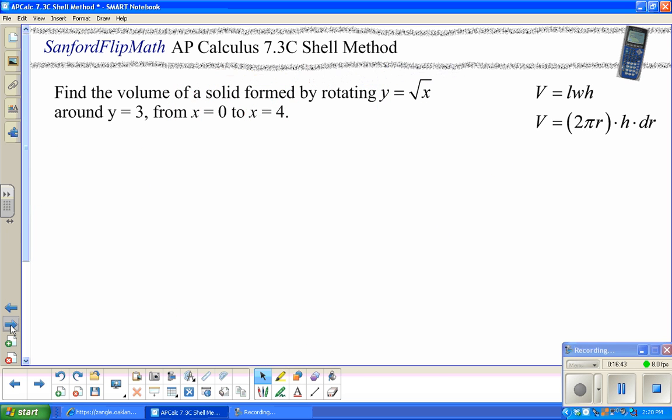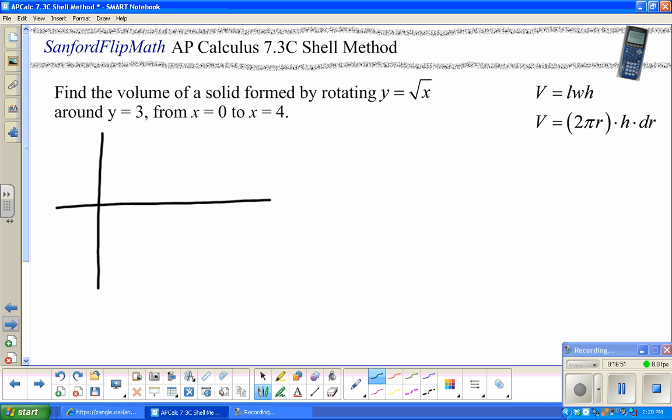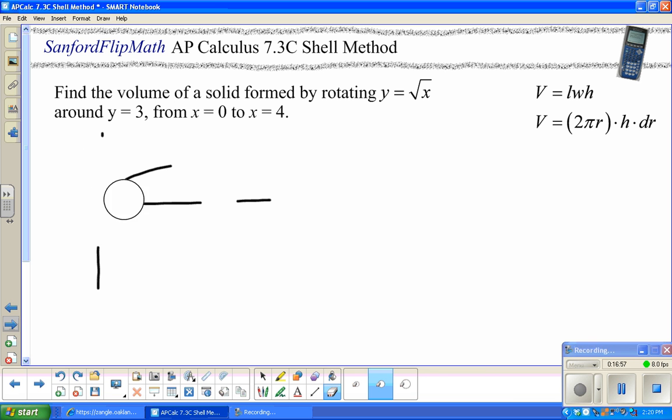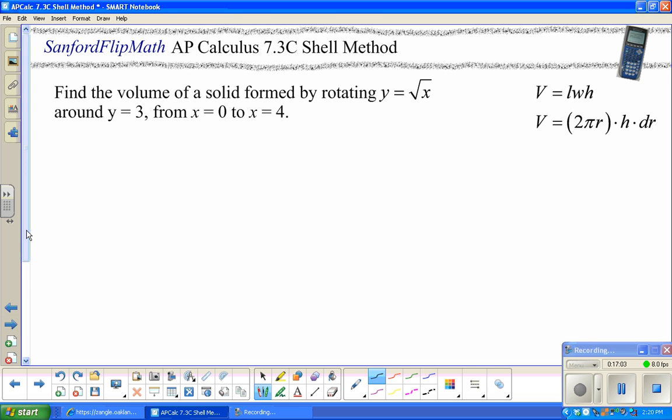But we'll do that. Okay. So let's do a little bit of drawing, and I know this is part of the issue. It says find the volume of a solid formed by rotating y equals the square root of x. Actually, I'm going to scooch it down a little bit. Sorry, so I have a little bit more room.